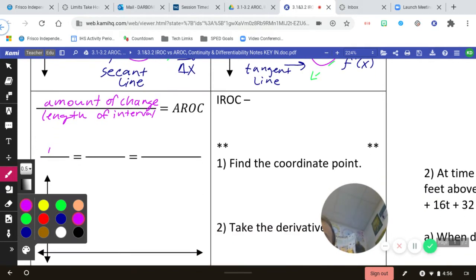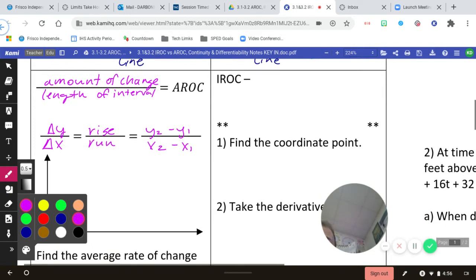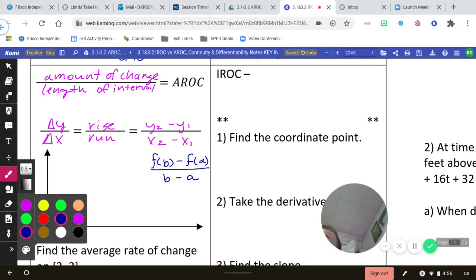So essentially, delta y over delta x, or rise over run, or y2 minus y1 over x2 minus x1, or, as you're going to see it referred to this year, f of b minus f of a over b minus a. So these are all the same thing. They're all that average rate of change. These are just kind of advancing it through the years of math.